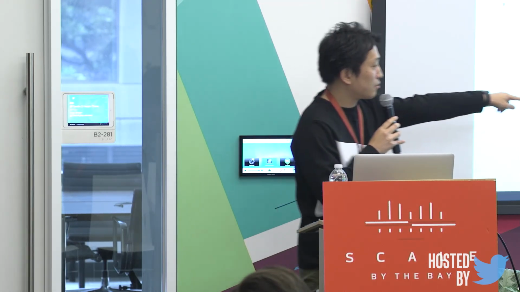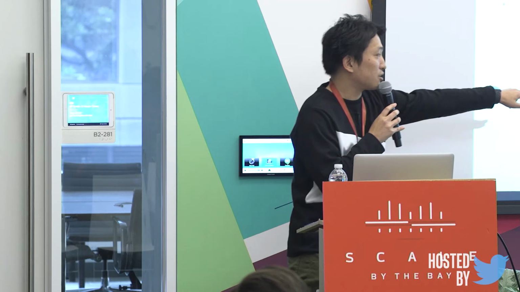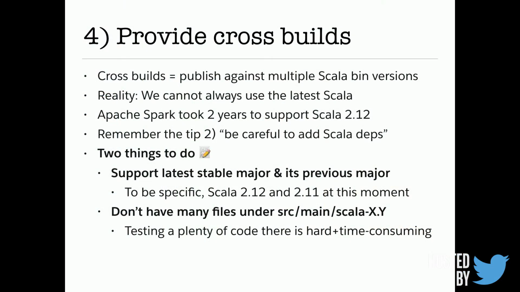By the way, that means you can have multiple different implementations for the same APIs using those directories. So continuously working on cross-builds can be a little bit difficult sometimes. If you really need to have so many files under those directories, before doing that, you should consider refactoring existing APIs or reconsider the structure of the modules.